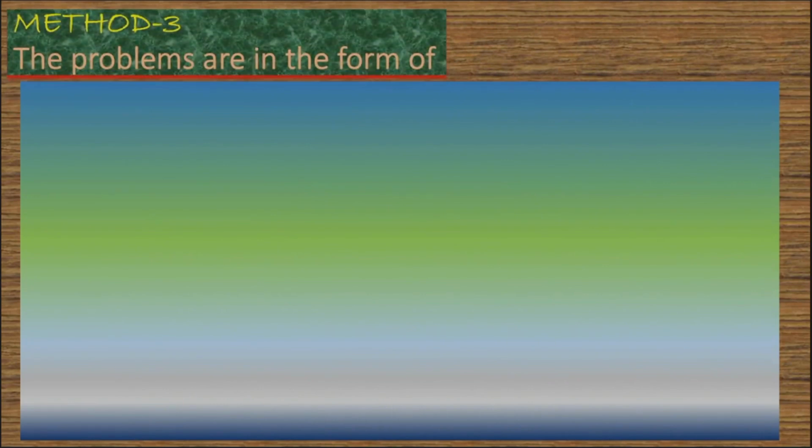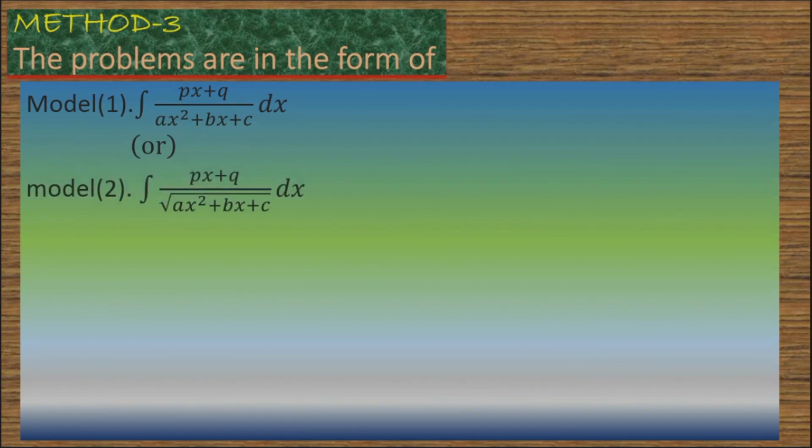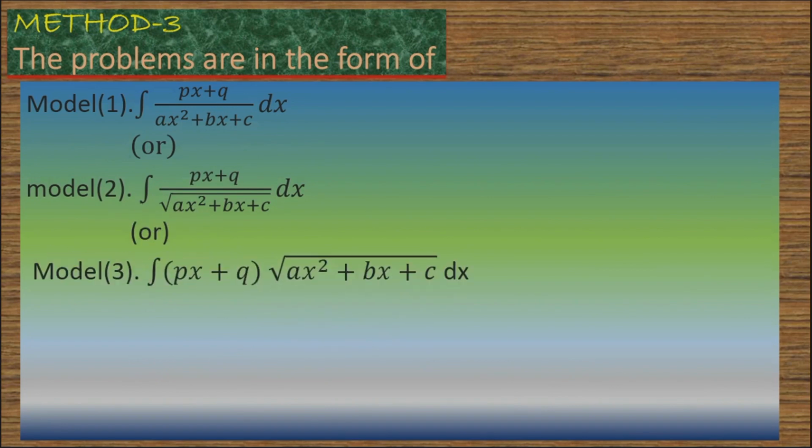Next, let us see the method 3 problems, how they are. The problems are in the form of integration of px plus q by ax square plus bx plus c into dx, or integration of px plus q by root ax square plus bx plus c into dx, or model 3, integration of px plus q into root ax square plus bx plus c into dx.